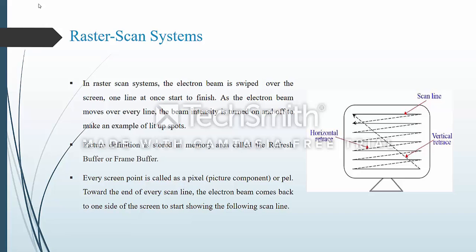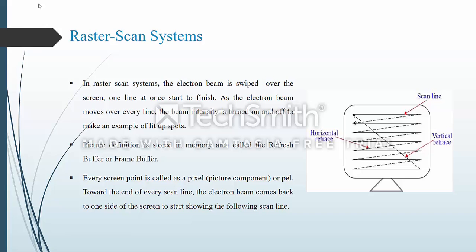In raster scan systems, the electron beam is swept over the screen one line at a time from start to finish. As the electron beam moves over every line, the beam intensity is turned on and off to create a pattern of illuminated spots.